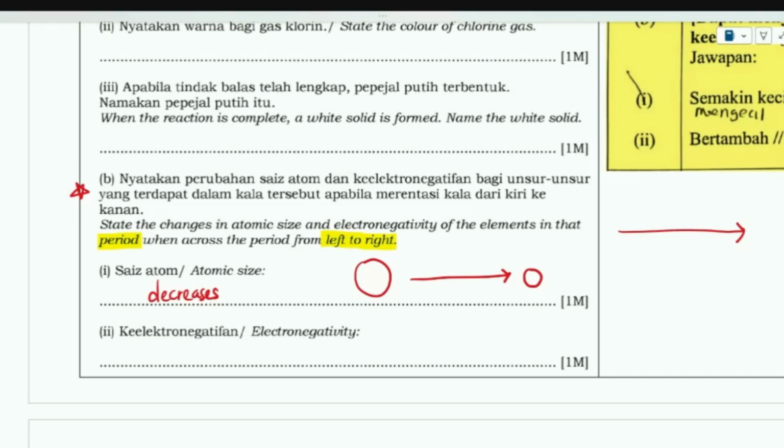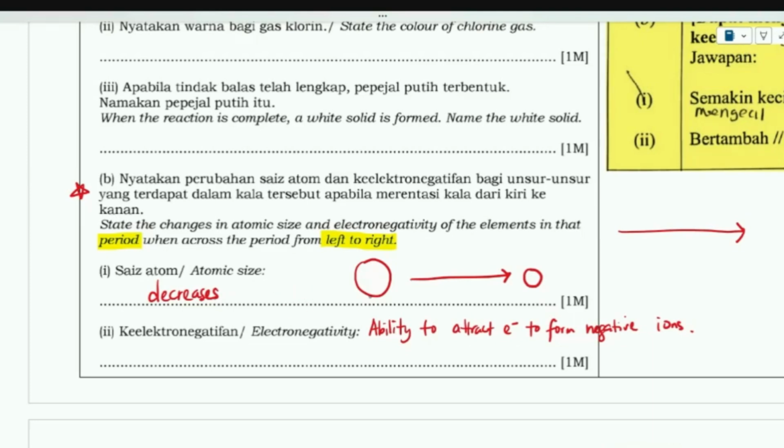Electronegativity means the ability to attract electrons to form negative ions. Okay, from left to right.